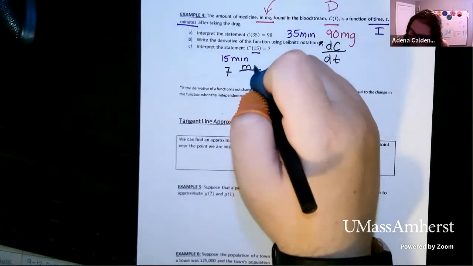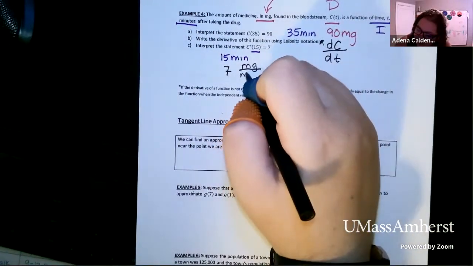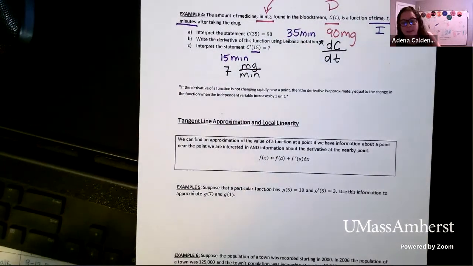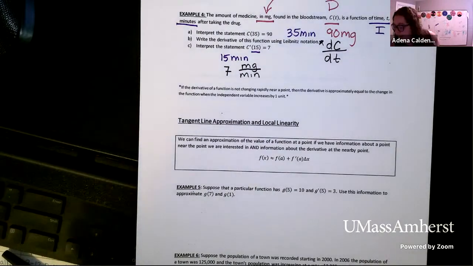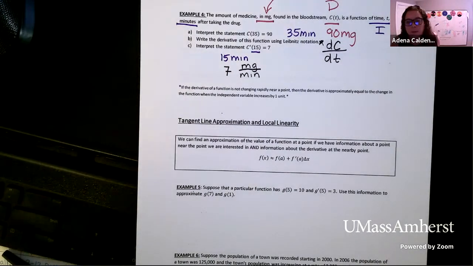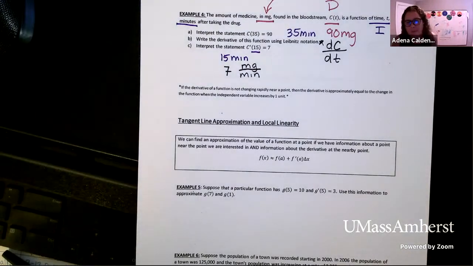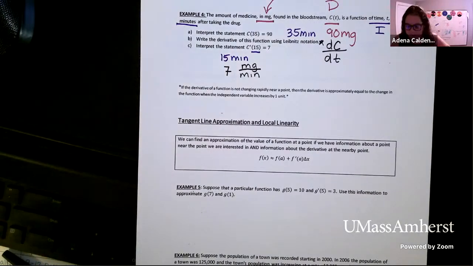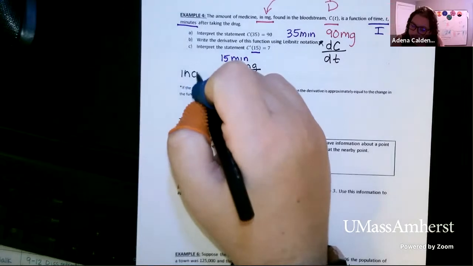The dependent units are milligrams, and the independent units are minutes. So we would say something like, after 15 minutes, the amount of drug in the bloodstream is increasing by 7 milligrams per minute, right? It's increasing by this amount, and I know it's increasing because it's positive.